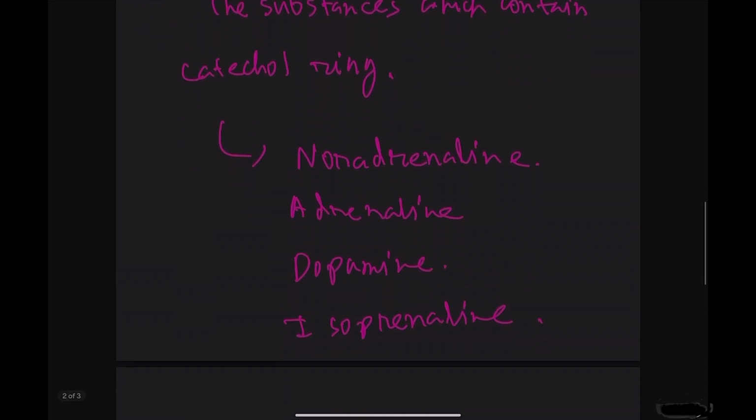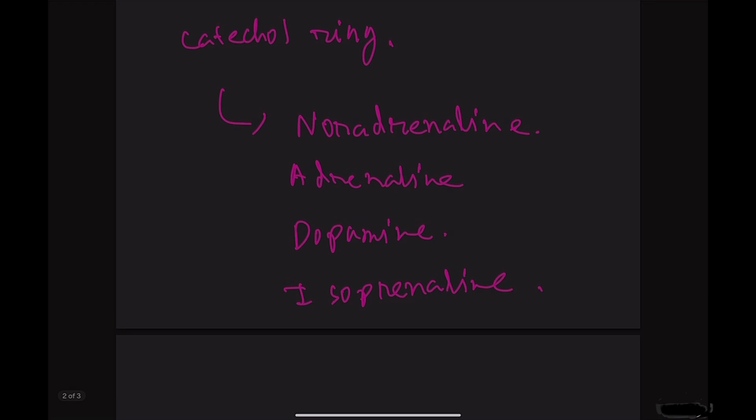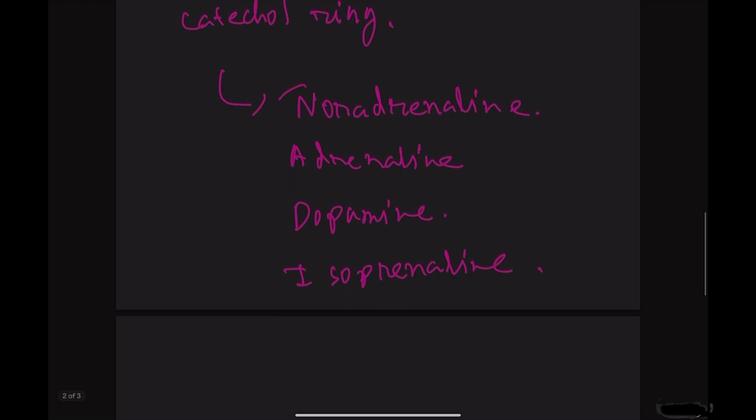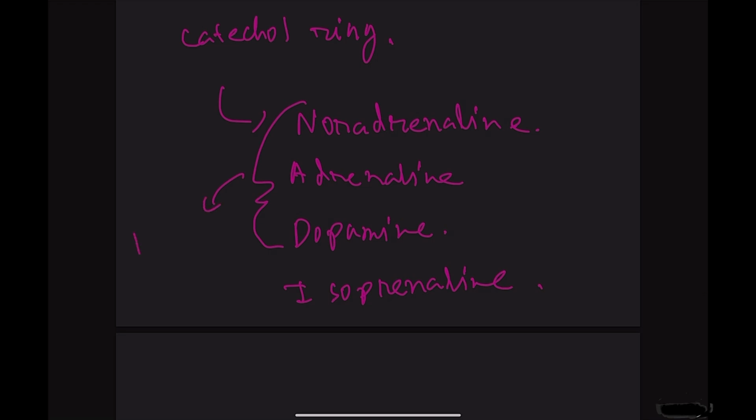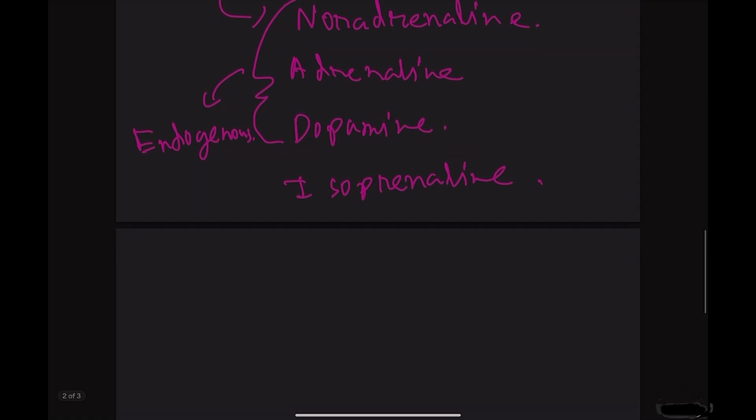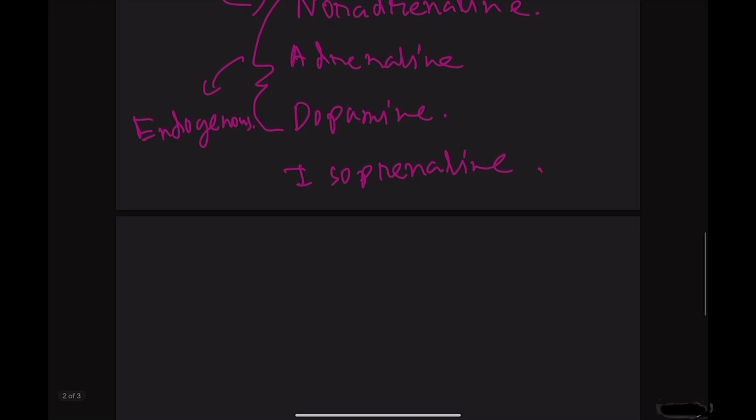Okay, so these three catecholamines are endogenous catecholamines. Okay, so there is a question that which catecholamine is first synthesized in the body.